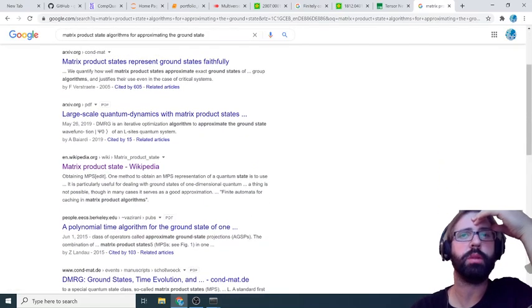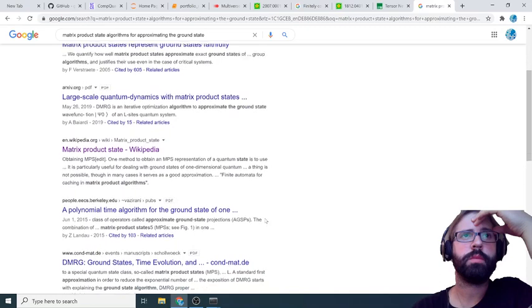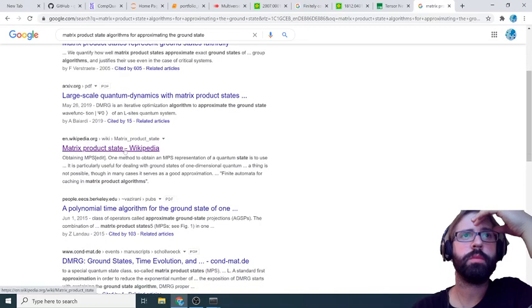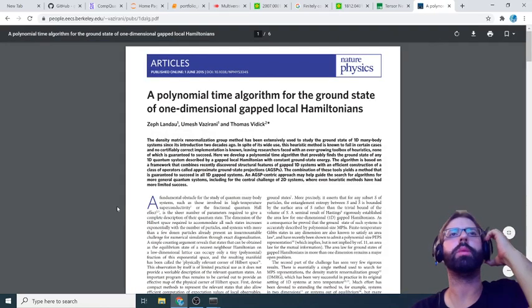That's really old, but maybe. A polynomial time algorithm for ground state. Okay, maybe this is something we could implement.